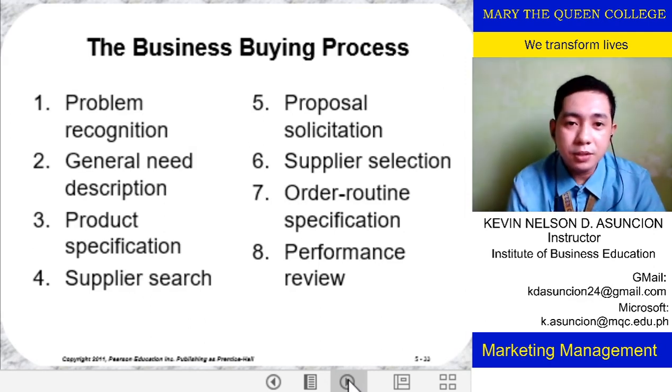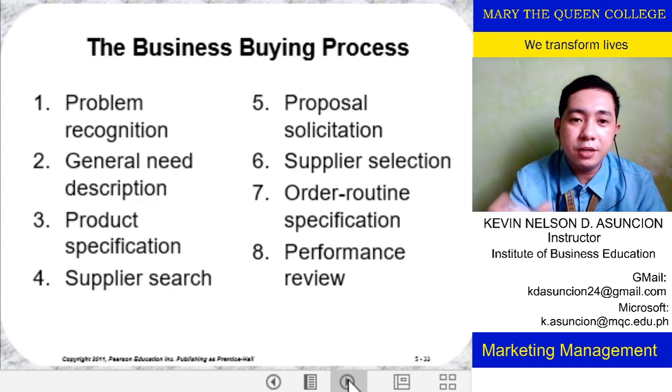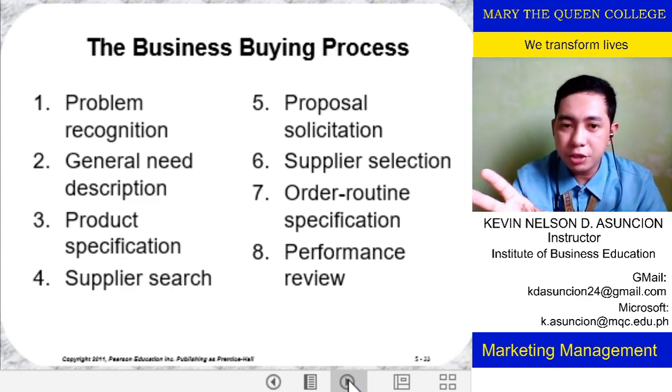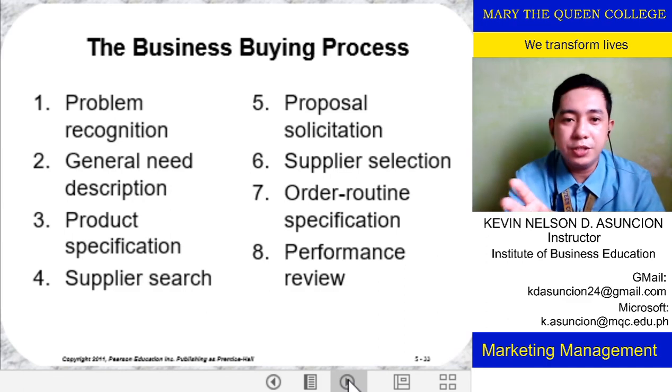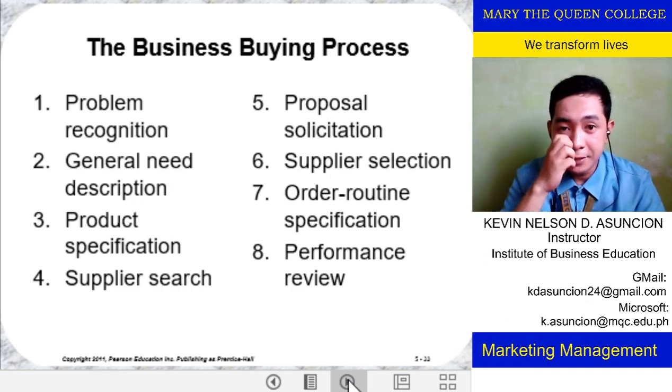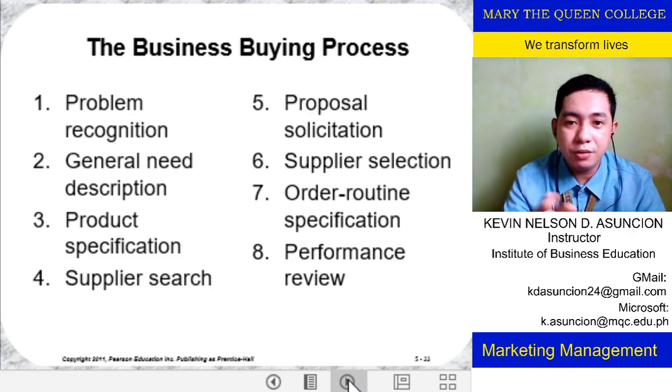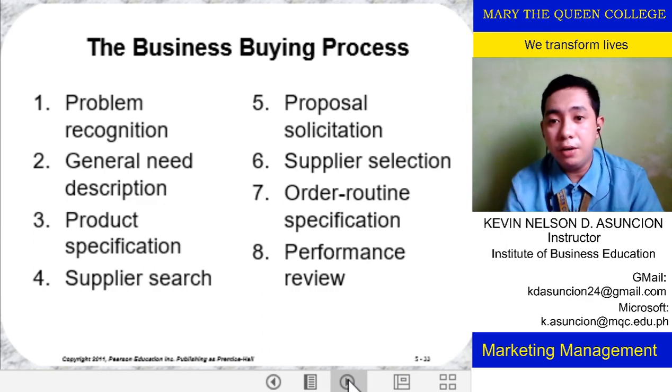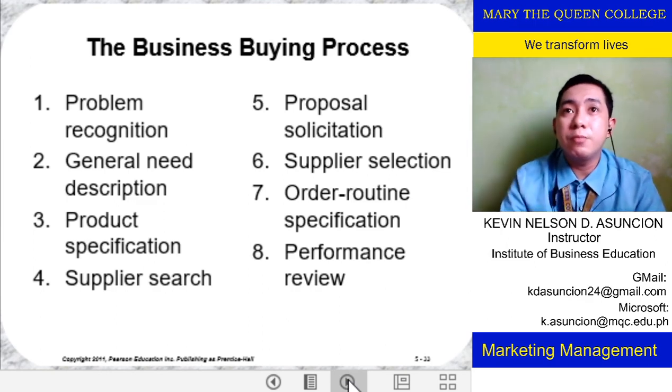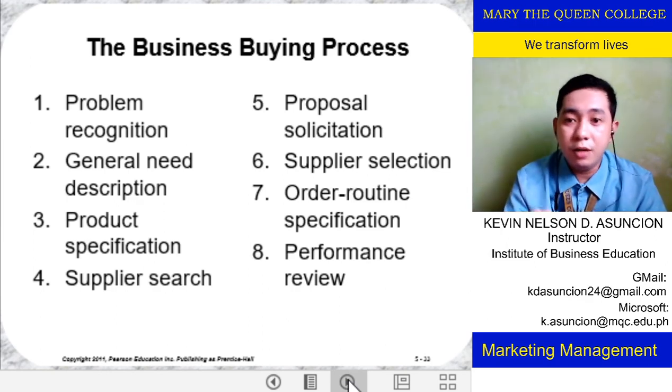No? So, the business buying process includes: number 1, problem recognition, the general need description, the product specification, then the supplier search, proposal solicitation, supplier selection, order routine specification, and performance review. Mostly trabaho ng purchasing officer or purchasing unit ng mga companies.